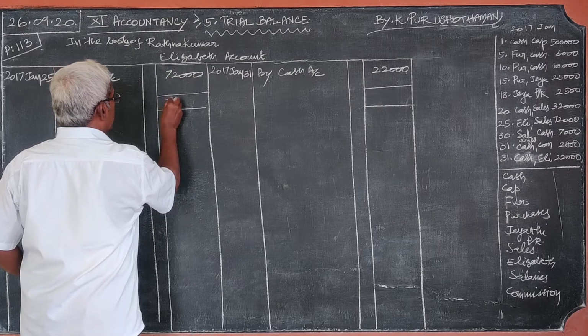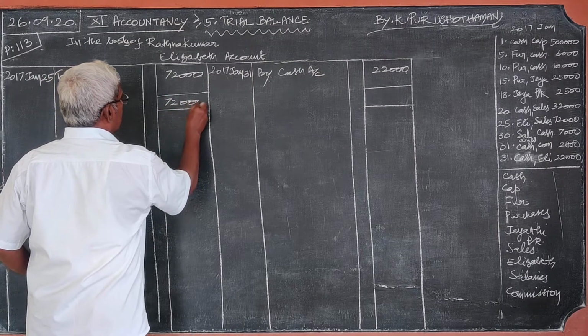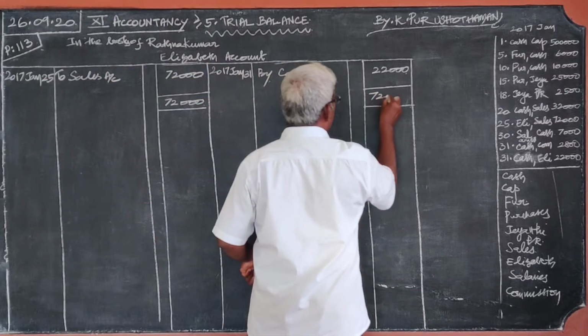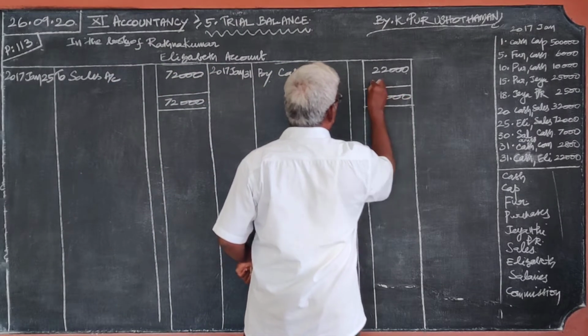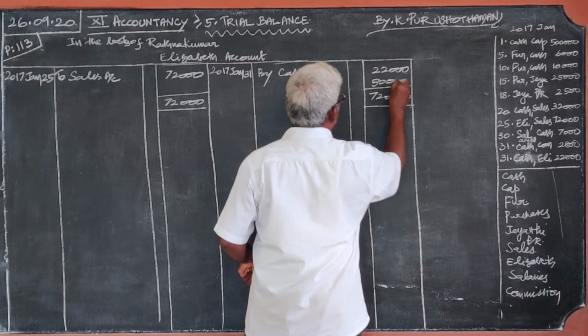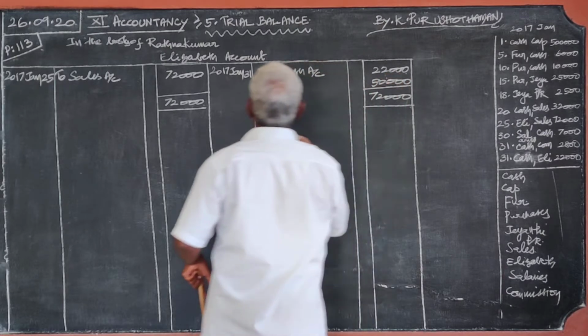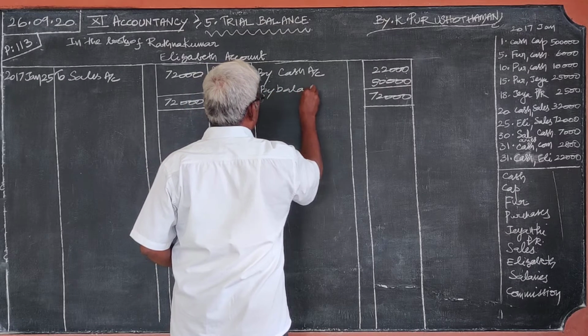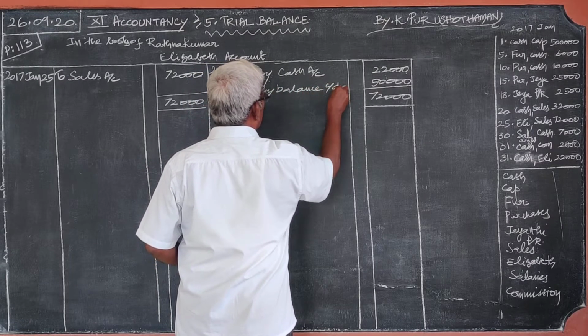This greater total 72, there only 22, therefore you write the greater total. The balancing amount is 50,000, that is the missing amount. Against it you write by balance carried down.